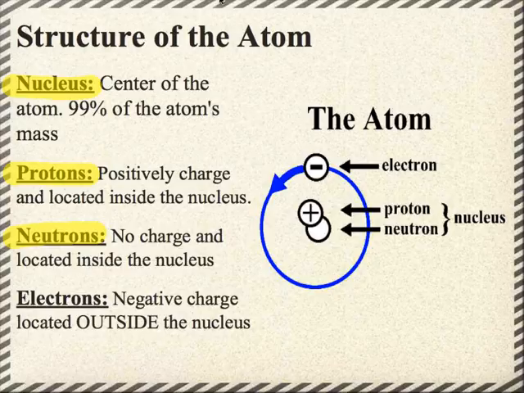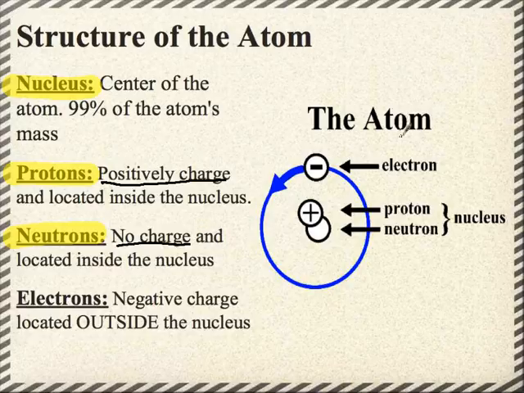I'm going to underline this: protons are positively charged items, and neutrons have no charge, a neutral charge. So the protons are positively charged and located inside the nucleus. Neutrons are neutrally charged and located inside the nucleus.